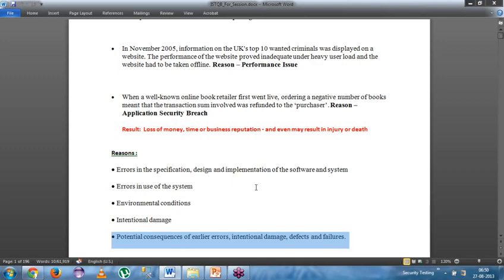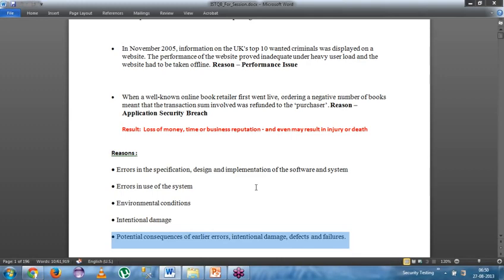So these are the most critical reasons why software testing is required. These are all the reasons for your system becoming vulnerable.